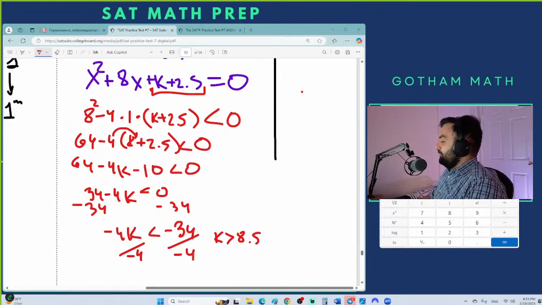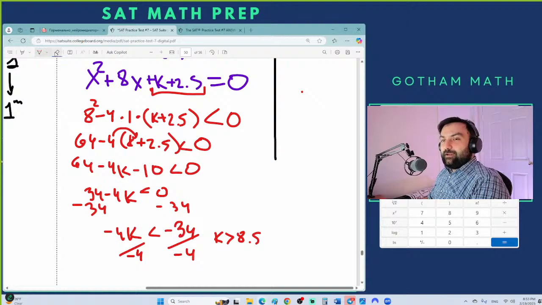Guys, I'm seeing a thing where, yeah, I see a small calculation mistake. Oof, I wouldn't want to make it on the test, guys. Maybe I wrote it wrong.